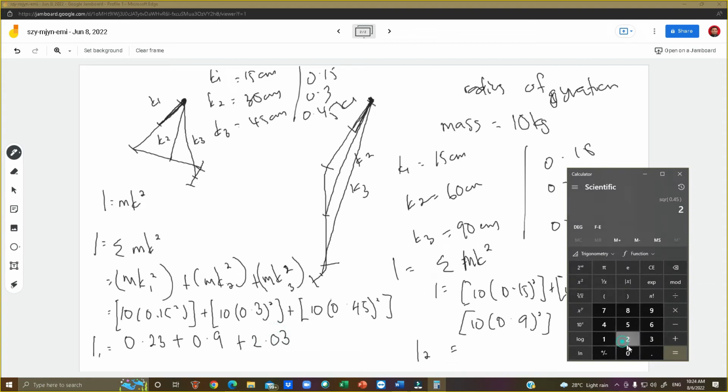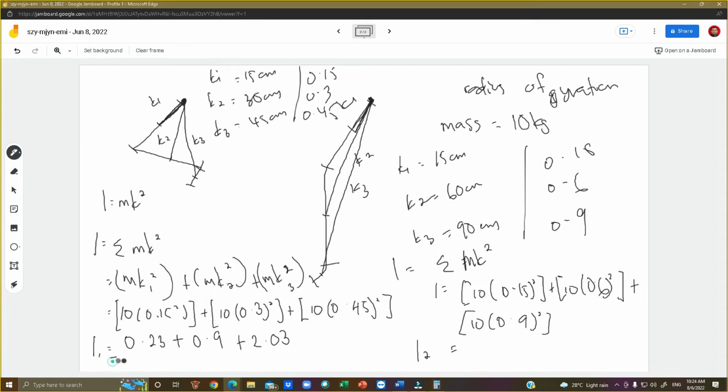2.03 plus 0.9 plus 0.23, we have 3.16. What else do we have here? The unit will be kg times m, kgm square.